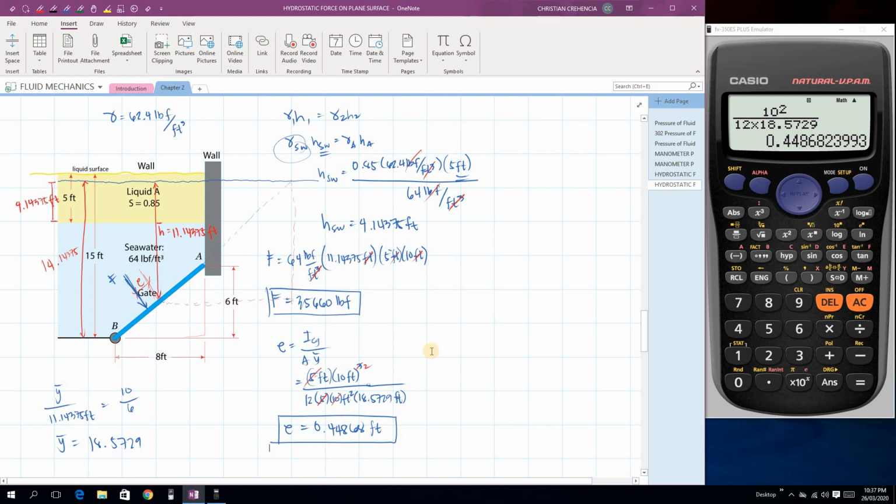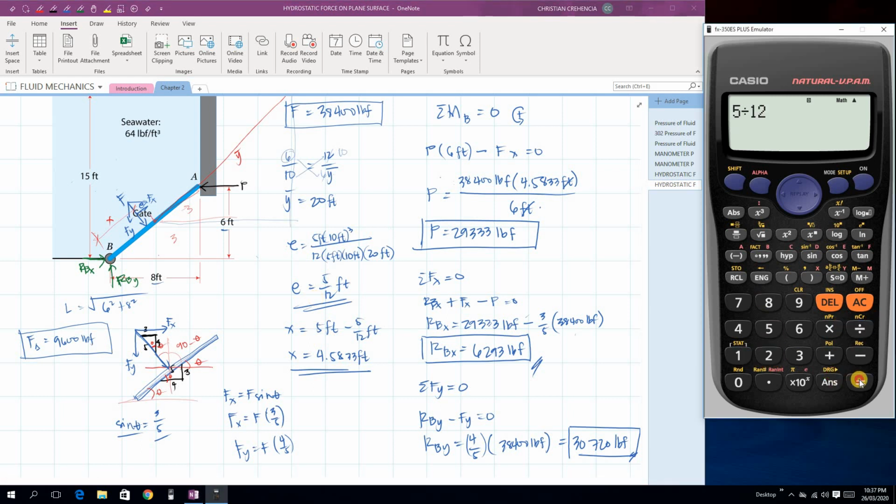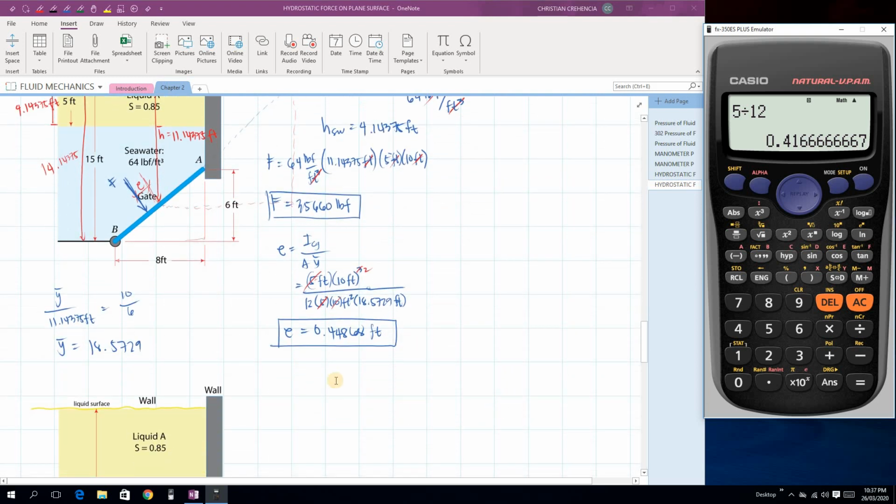So, compare natin doon sa taas. Yung kanina nakuha nating distance E is 5 over 12. 5 over 12 is 0.41667. So, lumaki. Okay. So, lumaki yung E natin.